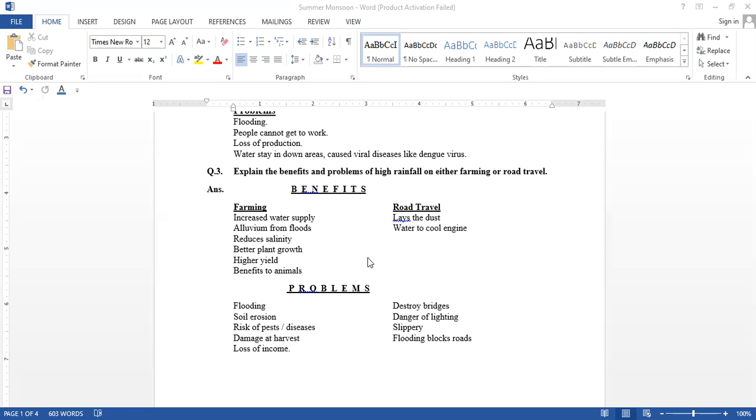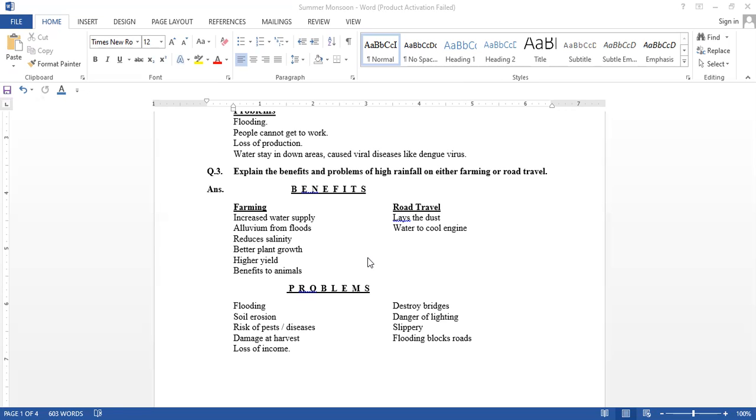In this way, fertility will increase, which reduces the chances of salinity, and plants grow at a fast speed, giving maximum output. And with maximum output, the income of the farmer automatically increases.